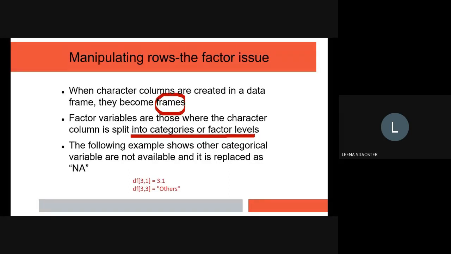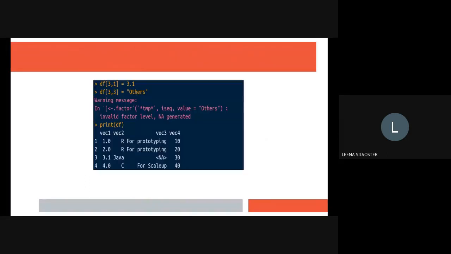For example, df 3, 1. 3, 1 means the third row and first column. So it is 3.1. And third row, third element is assigned as others. Let's check the screenshot. So df31 is assigned as 3.1 and df33 is assigned as others.